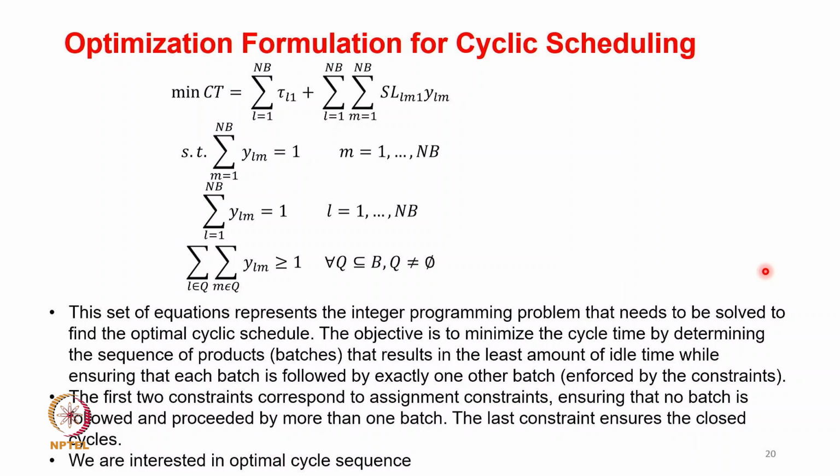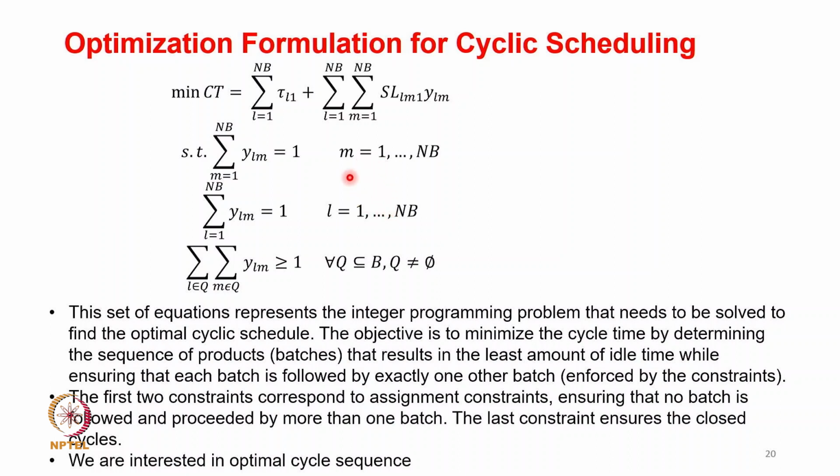The objective is to minimize the cycle time by determining the sequence of products in batches that results in the least amount of idle time, while ensuring each batch is followed by exactly one other. So you have to ensure that every batch follows this particular condition.